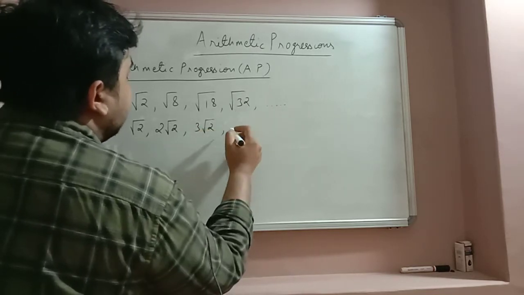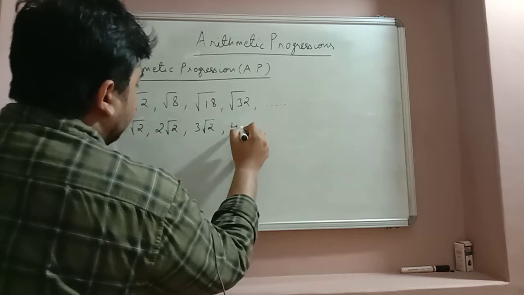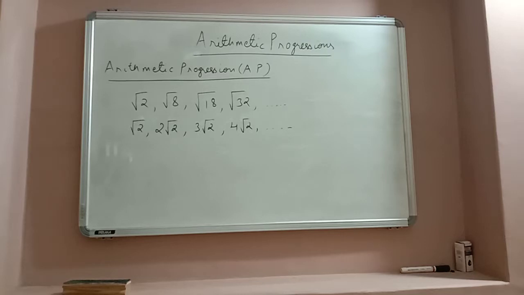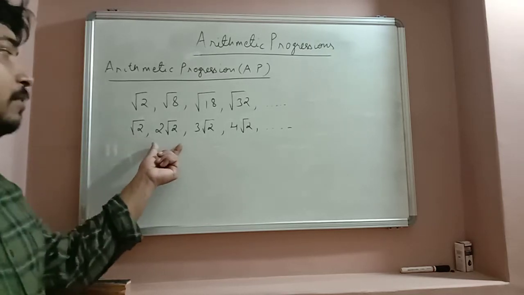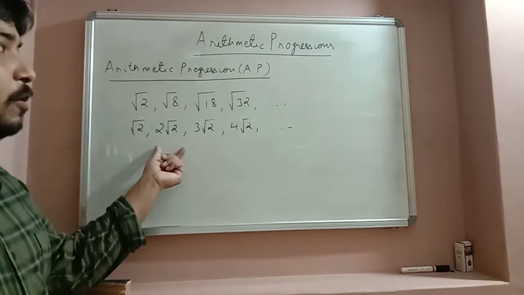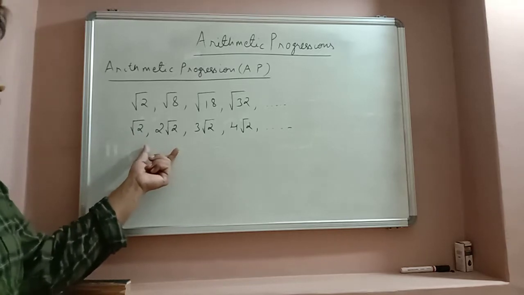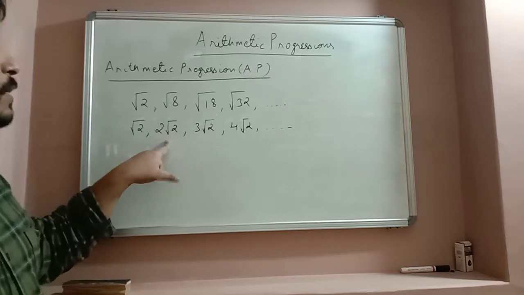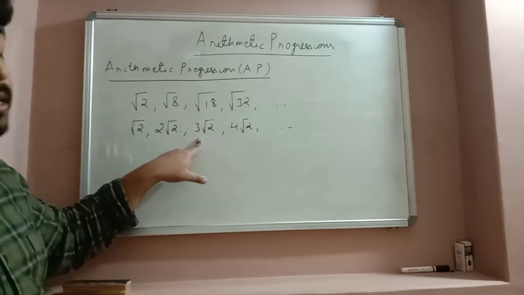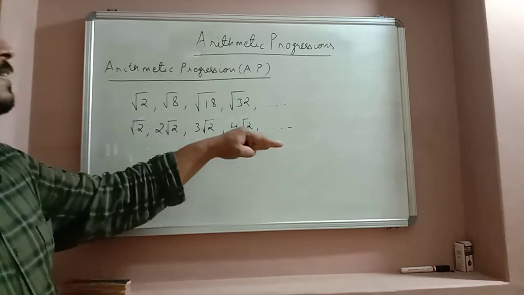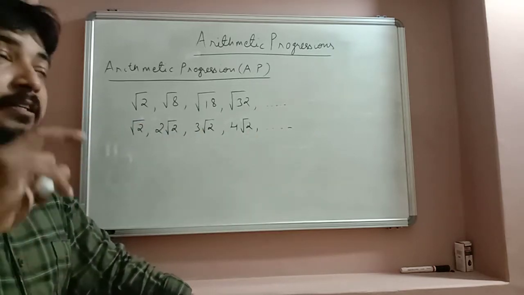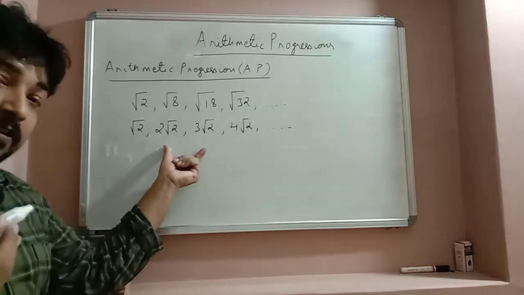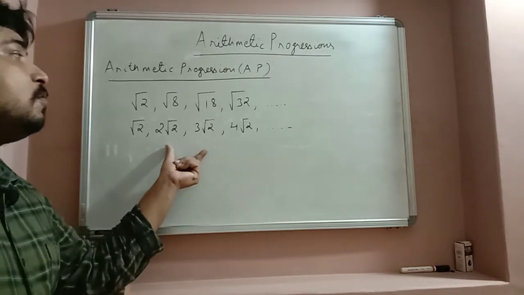And root 32 can be written as 4 root 2. Now it is very easy to determine whether this list of numbers is an AP or not. 2 root 2 minus root 2 is root 2, 3 root 2 minus 2 root 2 is root 2, and 4 root 2 minus 3 root 2 is again root 2. So here the difference between any two consecutive terms is always root 2, which is constant. Hence this is also an arithmetic progression.